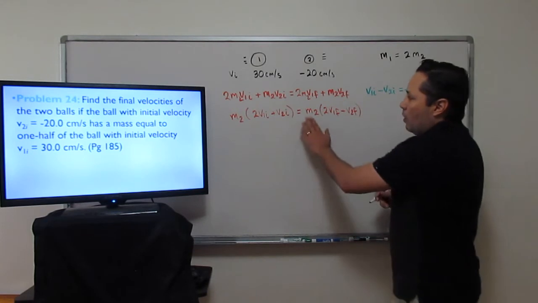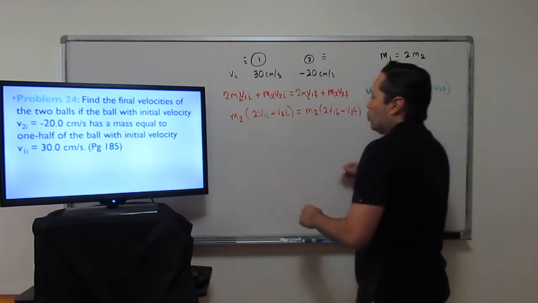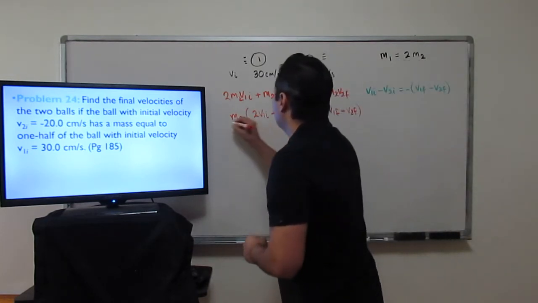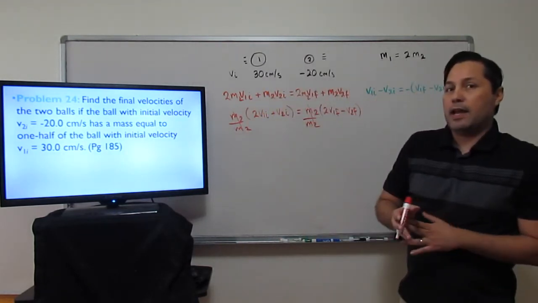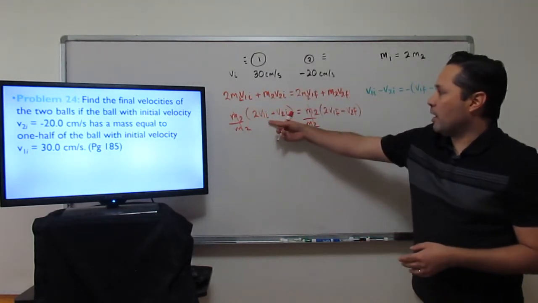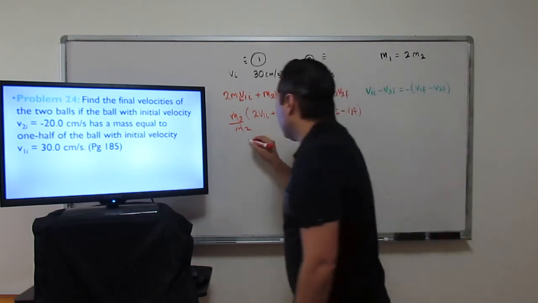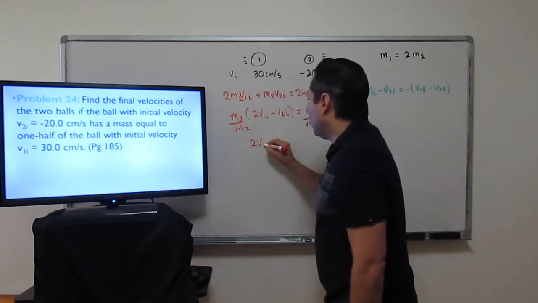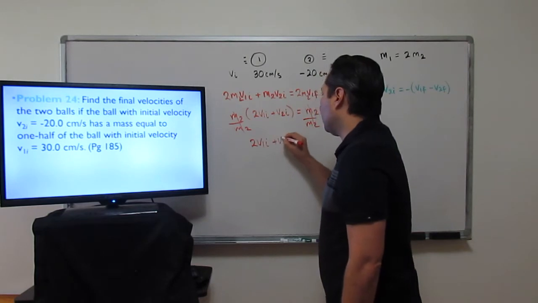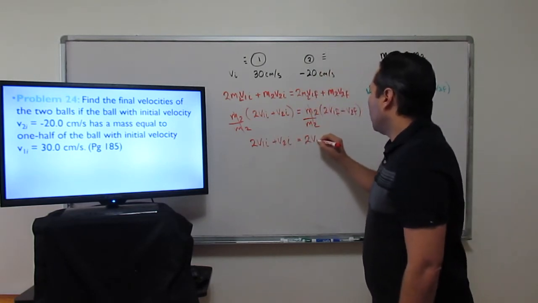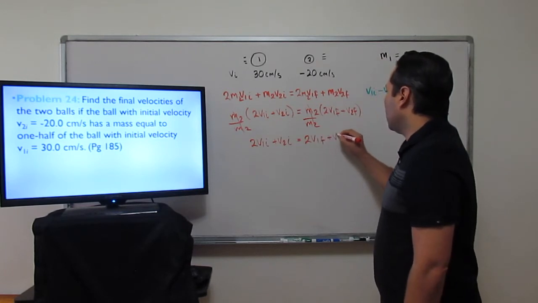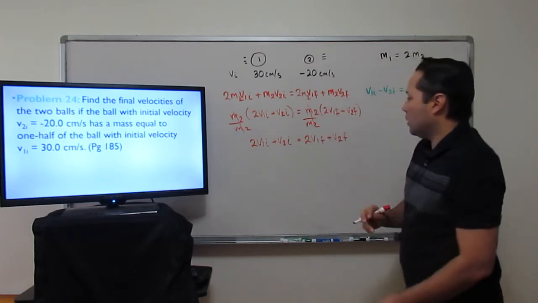Now I'm going to divide both sides by m2. So it'll cancel out, and that's it. The m2 is now gone. Left behind is the following, so let me rewrite it. It's going to be 2 v1 initial plus v2 initial equals 2 v1 final plus v2 final as well.